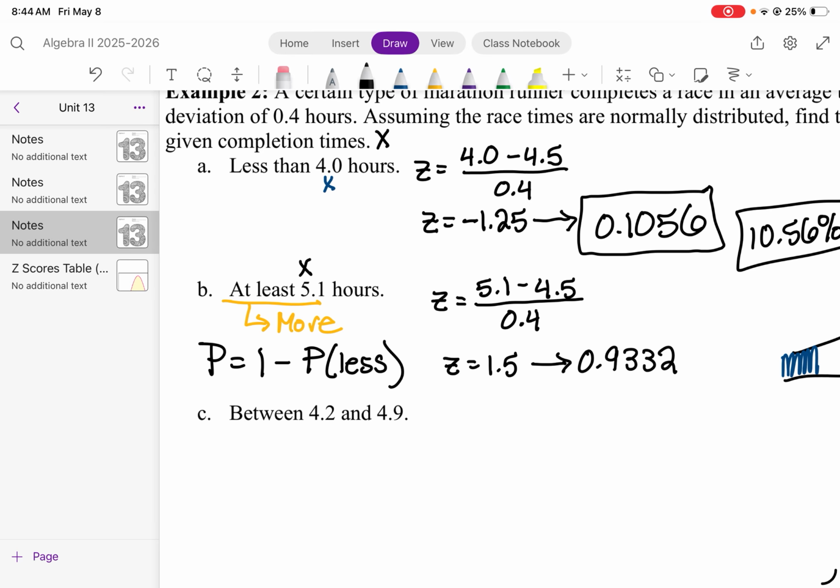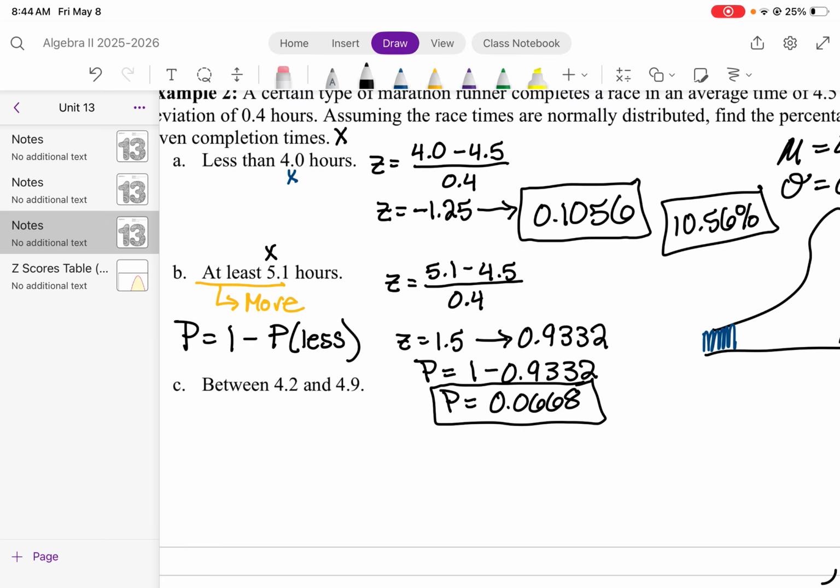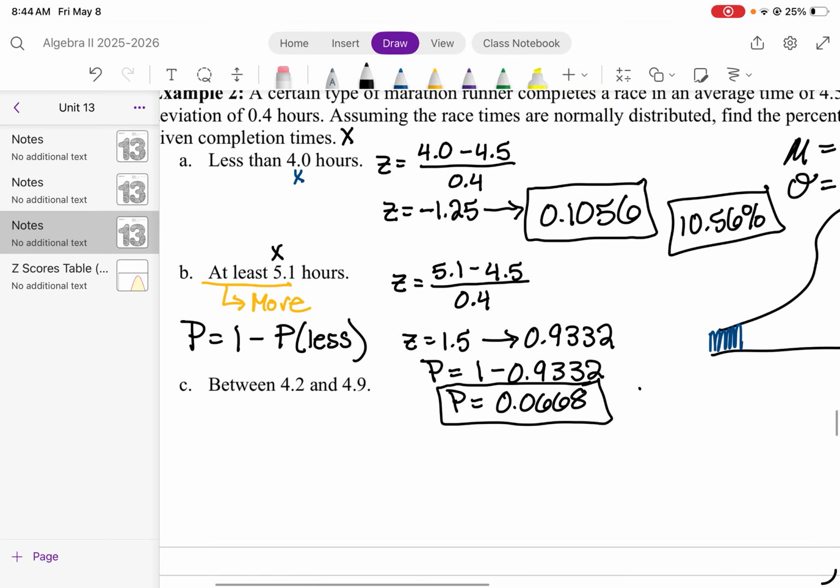We need to figure out more than 5.1 hours. So to do that, we're going to type in 1 minus every probability that was below that. So that gives us our final answer, which is going to be 0.0668. And that's the probability of getting more than that. So about 6.68% if you wrote it as a percentage. Not very many people are going to be running for more than that 5 hours.